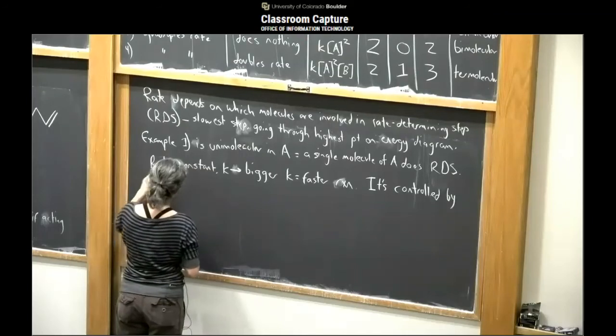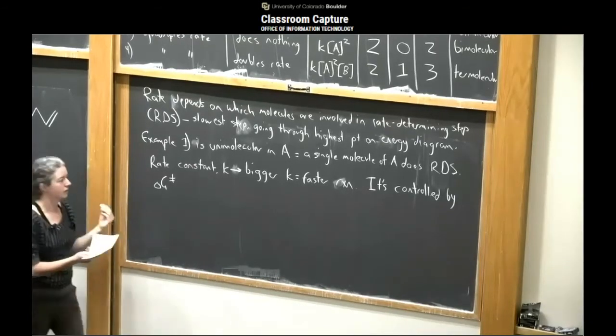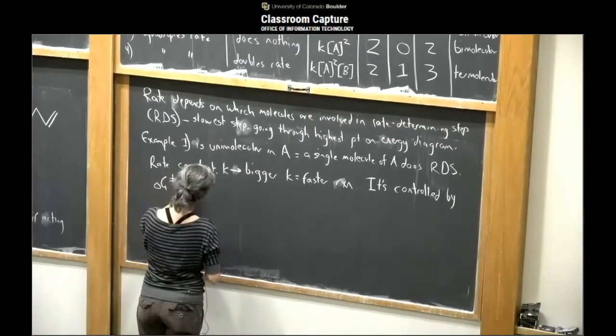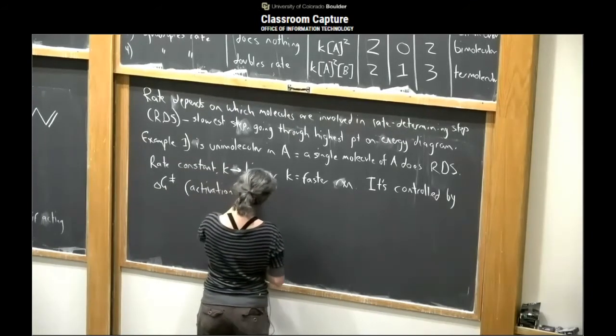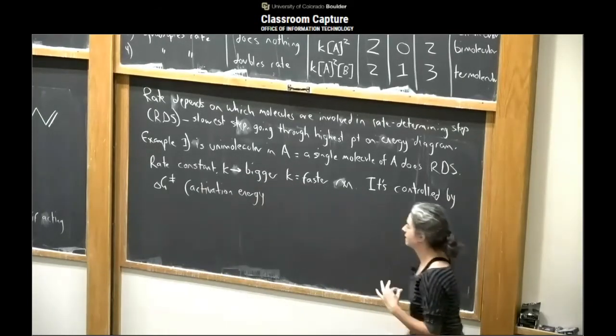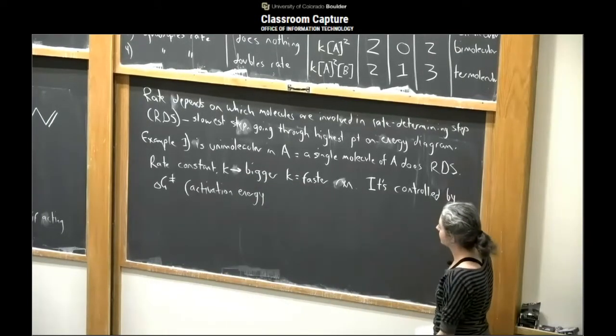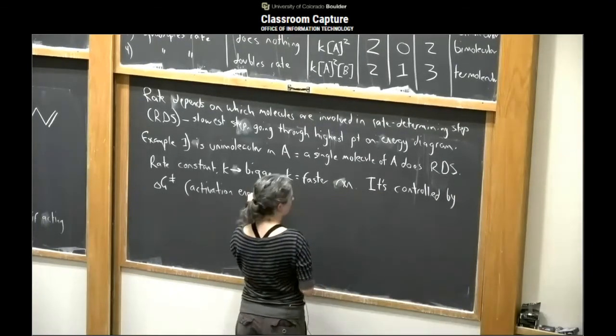So this is the activation energy, how much oomph you have to give the molecules to push them up that hill on the energy diagram. There's a whole equation for determining the relationship between k and ΔG double dagger. Honestly, not that useful to get into for the context that we're looking at.